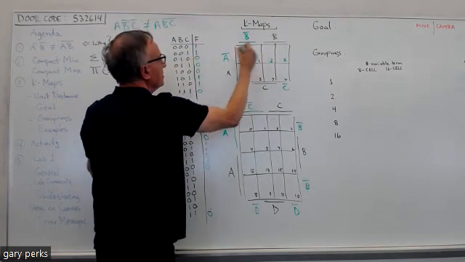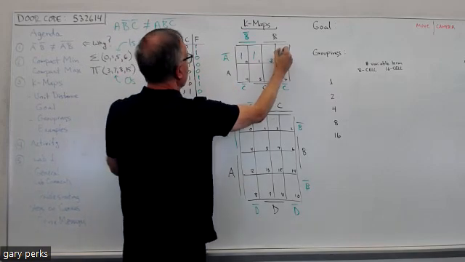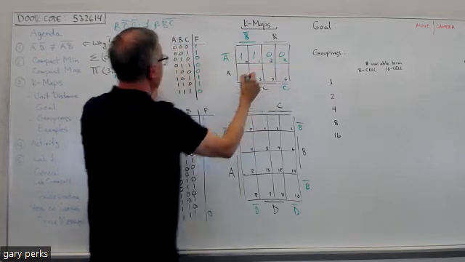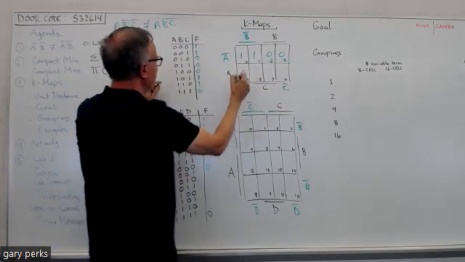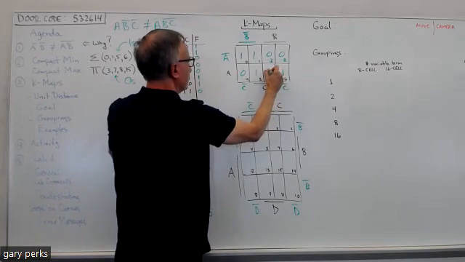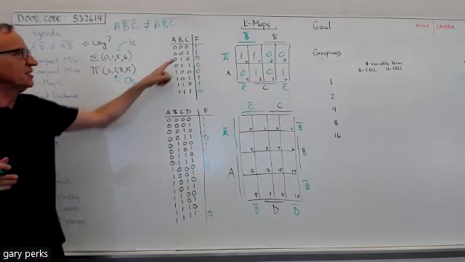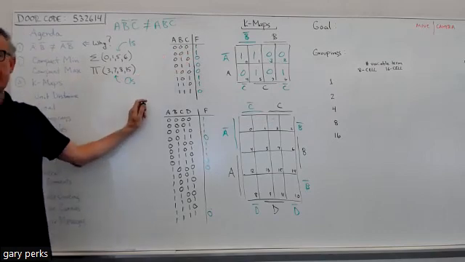In cell 1 will go a 1. In cell 2 would be a 0. In cell 3 would be a 0. In cell 4 would be a 0. In cell 5 a 1. In cell 6 a 1. And in cell 7, I am just filling the cells with the output that corresponds to that index, that input.